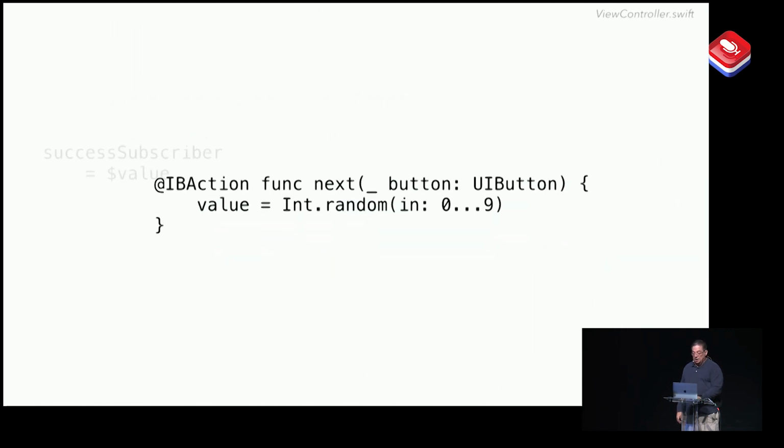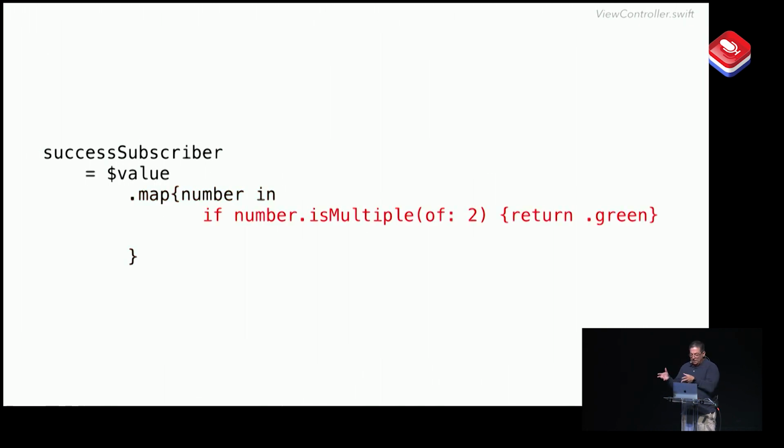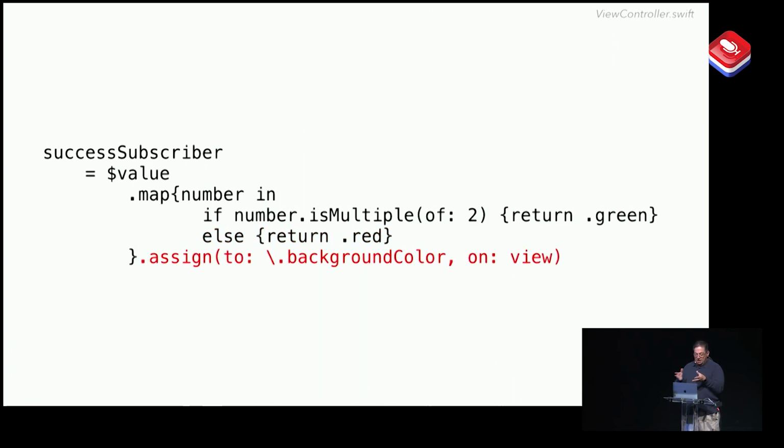What else can I do? I can take my subscriber and I can map it using whatever number I get, and so you don't do the red and green separately. I could say if it's a multiple of 2, return green, otherwise return red. And it's very flexible. Once you've got that, you're getting back a color. You can assign that color to the background color on the view.